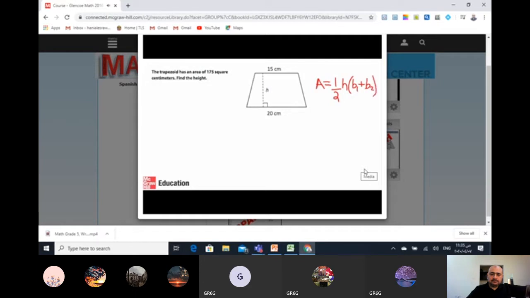For this example, let's use the related formula. Height equals 2 times the area divided by the sum of the bases to find the height of the trapezoid.